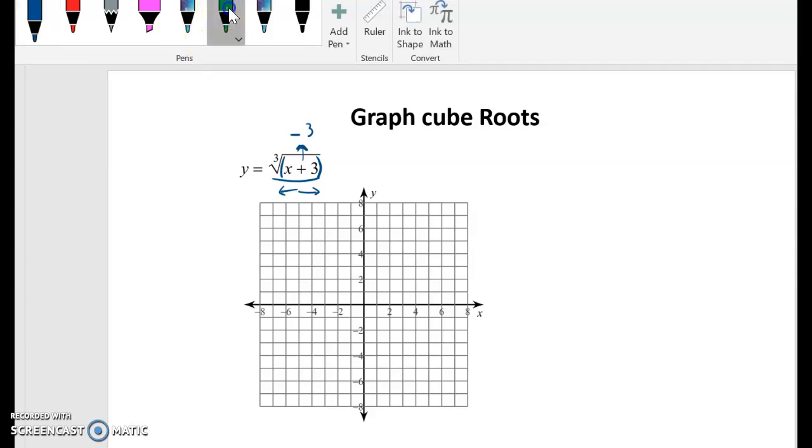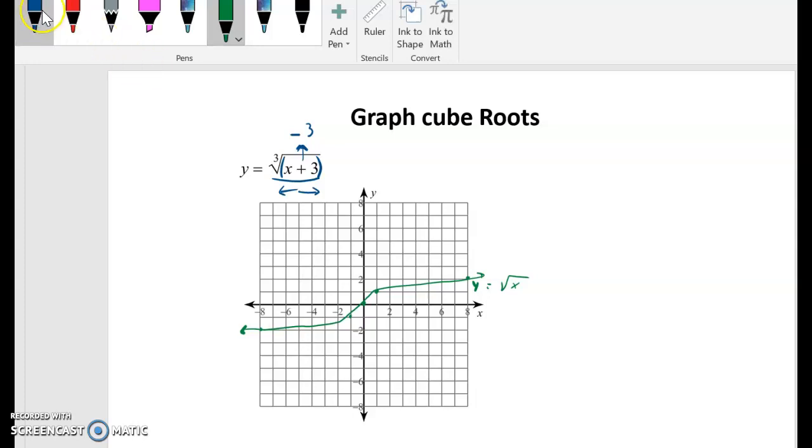So graphing my parent function: (0, 0), (1, 1), (8, 2), (-8, -2), (-1, -1). There is the parent function, y equals cube root x. And we're going to move every point left negative 3 units.